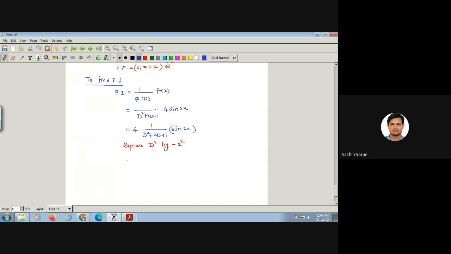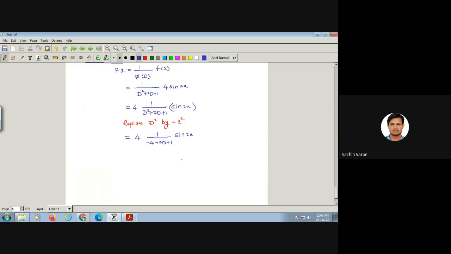So PI होगा 4 into 1 upon (-2 square, that is -4, plus 2D plus 1), that is operated on sine 2x. See, I am replacing only D square, not D. So that will be equals to 4 into 1 upon क्या होगा इसका? 2D minus 3 operated on sine 2x.